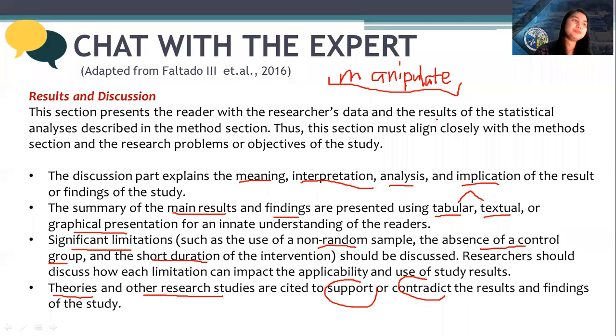For example, according to the study of so-and-so, if you listen to classical music, then your reading comprehension will be better. That might be our thoughts. That might be the researchers' thoughts.